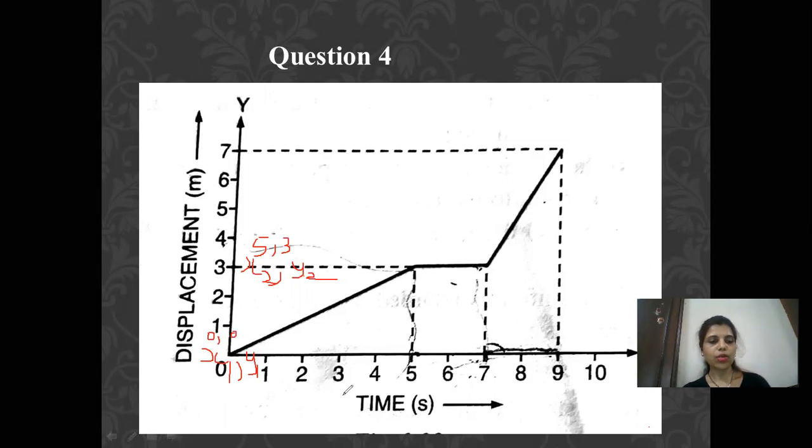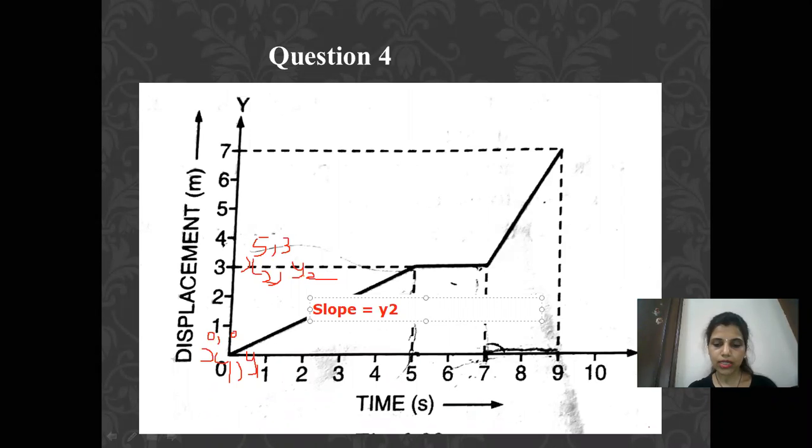Now we'll be calculating the slope using the formula: slope is equal to y2 minus y1 upon x2 minus x1.